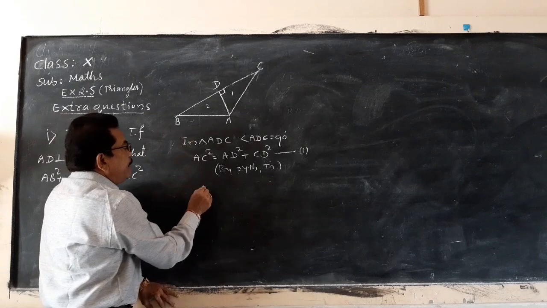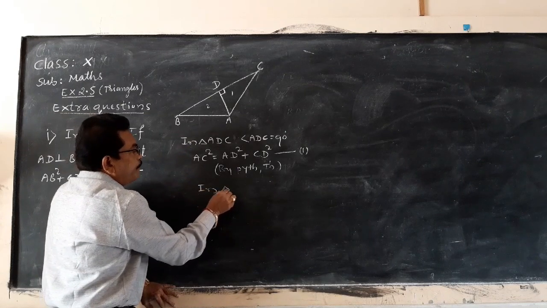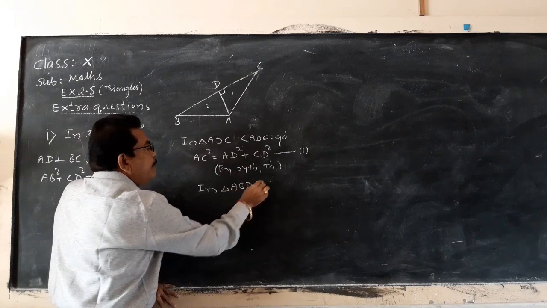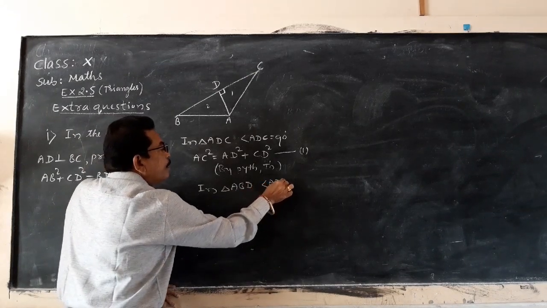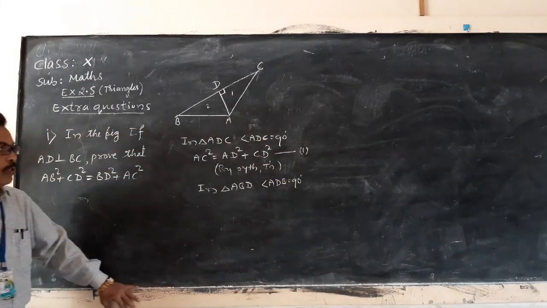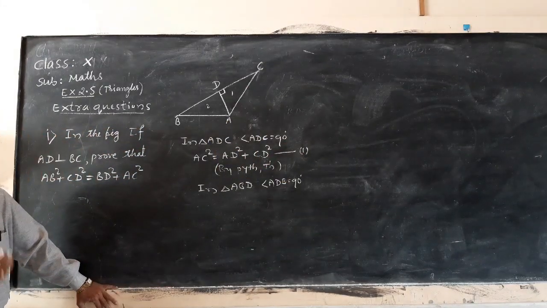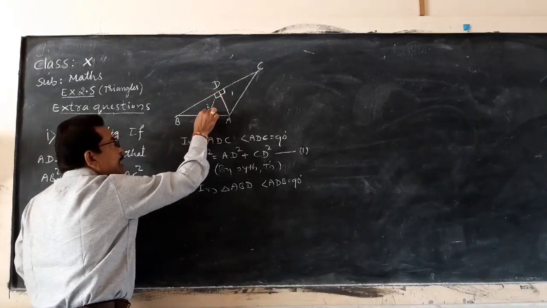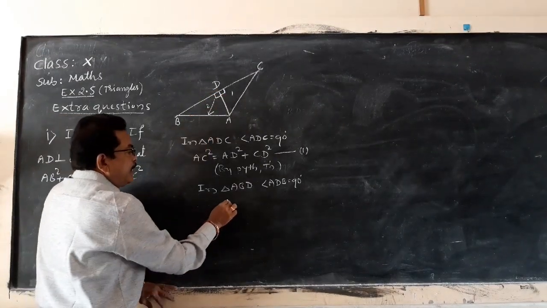In triangle ABD, angle ADB equals 90 degrees. Here, which one is the hypotenuse? The side opposite to the right angle, that is AB.